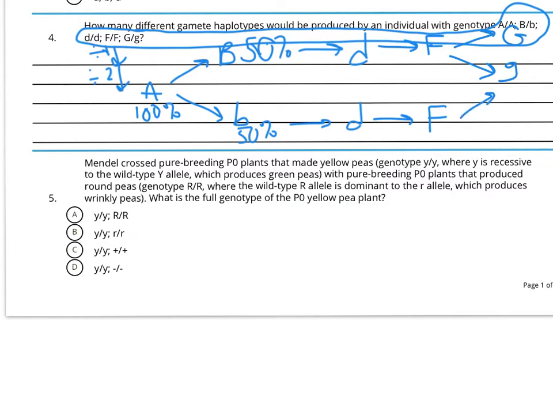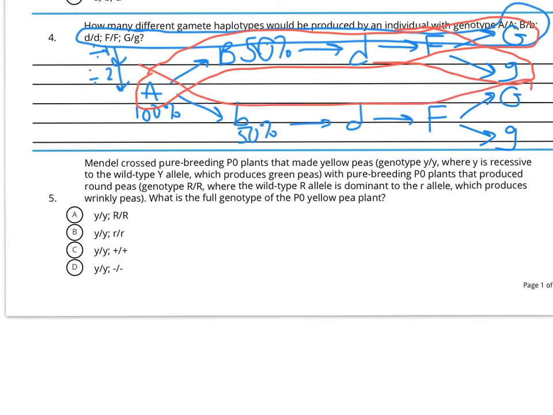The same is true down here. So we might wind up ultimately making 4 different types of gametes. That's one of the haplotypes, big A, big B, little d, big F, big G. There's also a type that has that same combination but with little g, and then we go down.